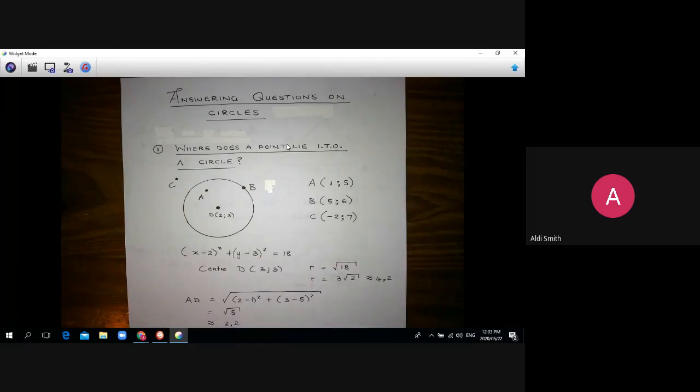And the reason there's so much more to answering questions on circles has to do with the 3 sections of work they bring into this section. The first section they bring into this is obviously analytical geometry. So all the analytical geometry, your gradient formula, your midpoint, your line equation, all of that comes in here. So you have all of your grade 10 and 11 analytical geometry in here.